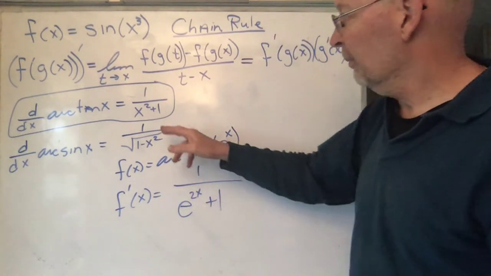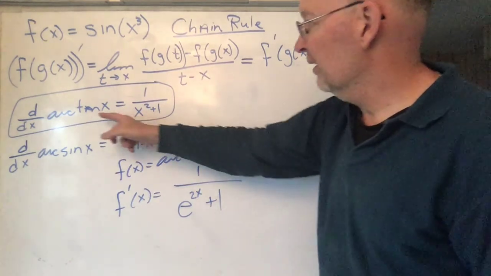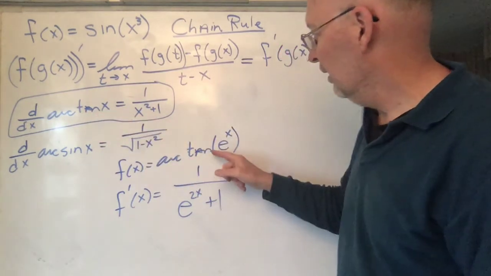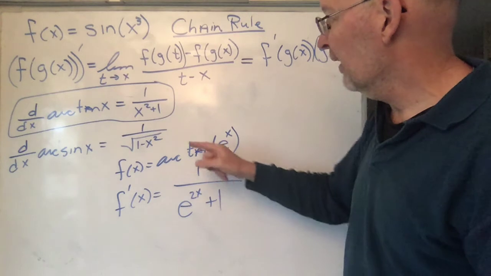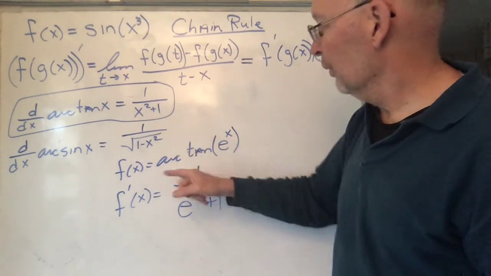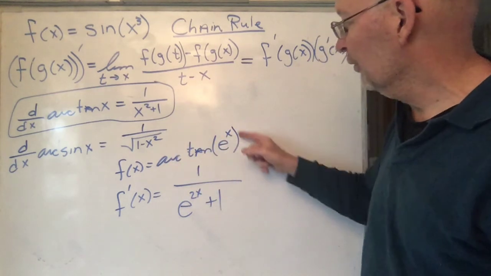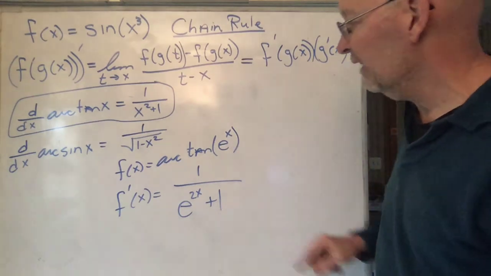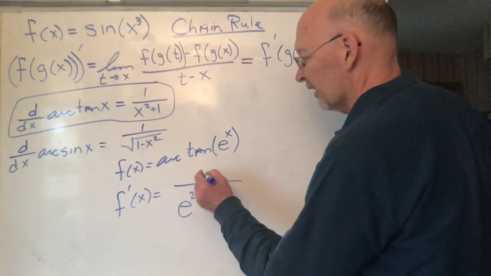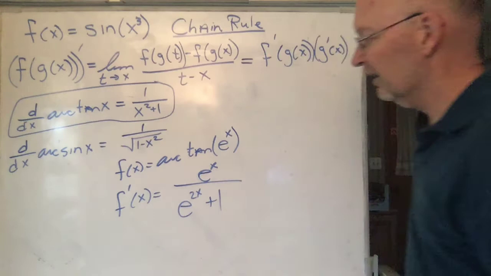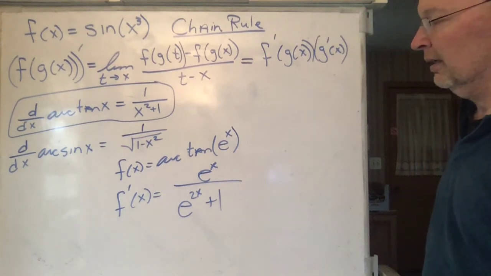So there's what I get by taking the derivative of the arctan of e to the x, and now I have to multiply it by the derivative of the inside. What's the derivative of e to the x? It's just e to the x. So you can just multiply it by e to the x like that.